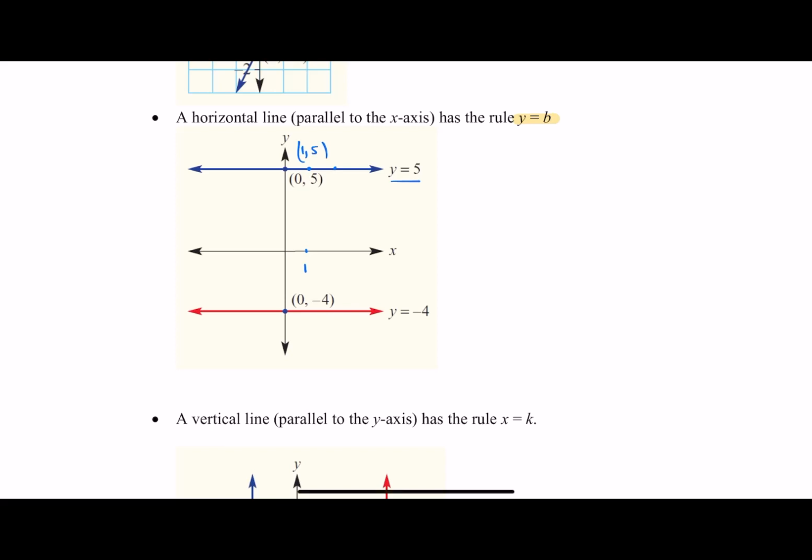If I chose x is 2, the y value is 5. So because the y values are all the same, we say this is the line y equals 5. Same down here, I've got y equals -4 because along the line, the y value of every single point would be -4.